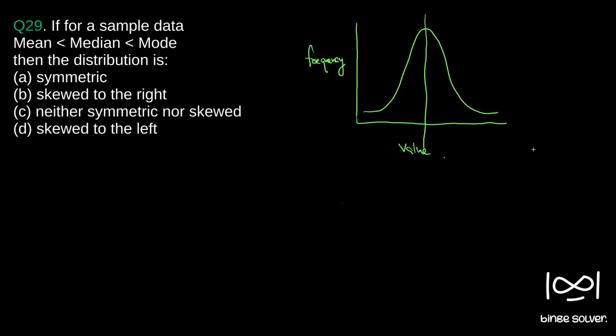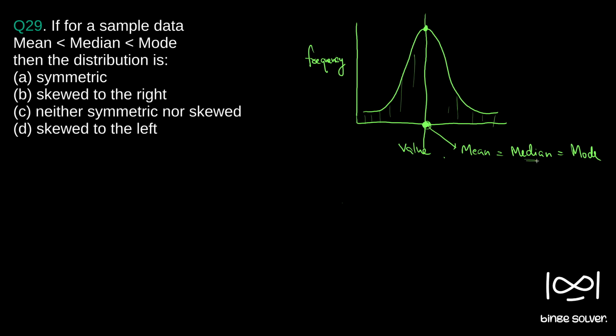In such a graph, the value in the middle will be mean equal to median equal to mode. Why? If you add up all the numbers and divide by n, you get this value. That will be the mean. And median, since when we arrange the list in an ordered manner, the middle number, this number will come in the exact middle.